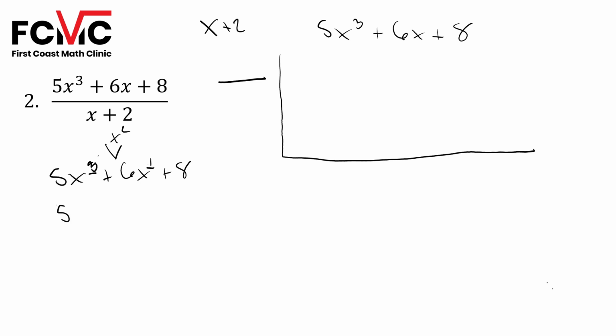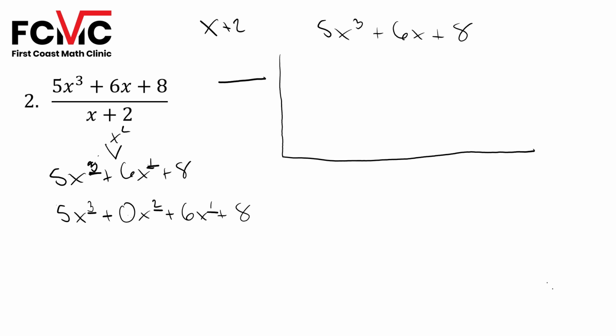So we're going to rewrite this as 5x to the third plus 0x to the second, because if we multiply 0 times x to the second, it's just going to give us 0, plus 6x to the first plus 8. And now when we do this, we've got a 3, a 2, and a 1. We're not just going 3 and then 1, right?